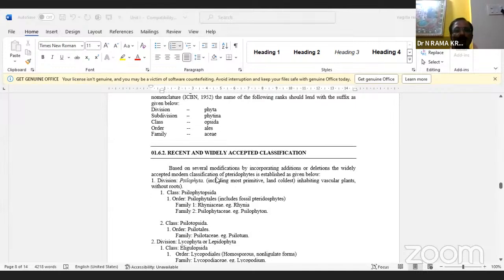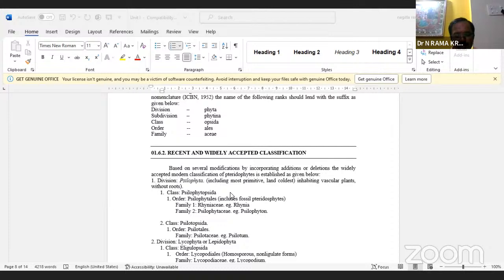Next, you see this is the recent and widely accepted classification. You all follow only this classification, Sporne's classification. Sporne in 1975 proposed the following classification for the vascular cryptogams.